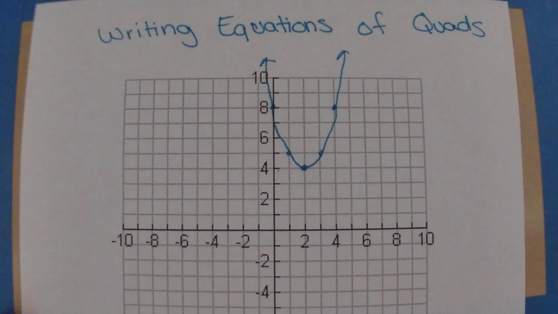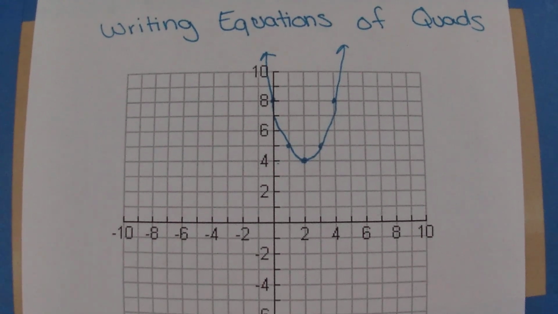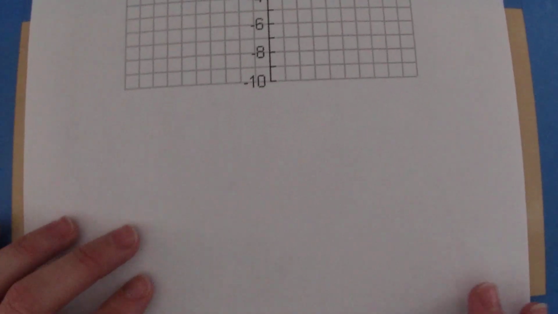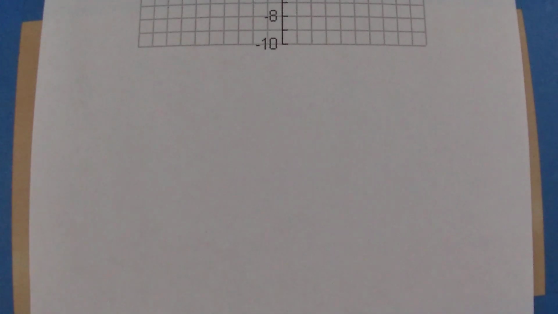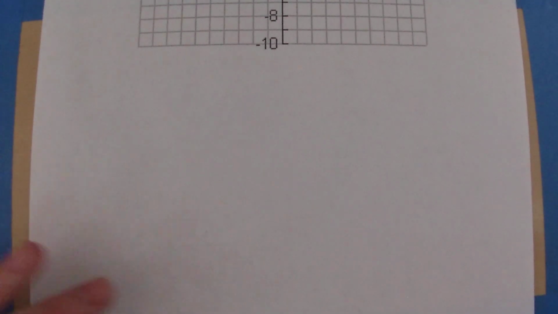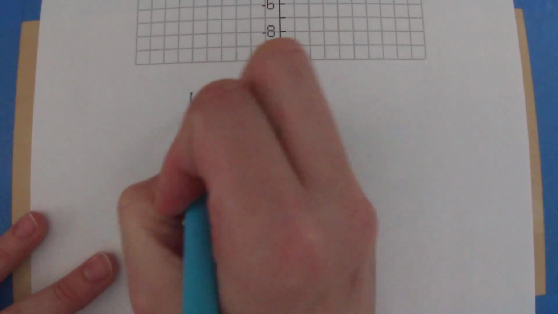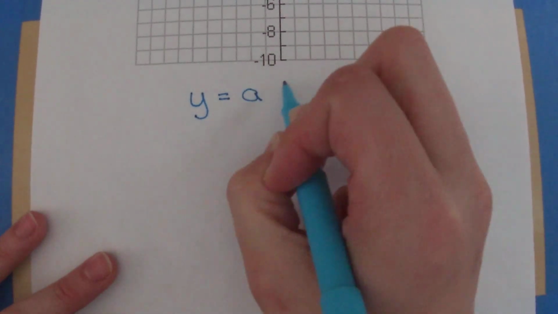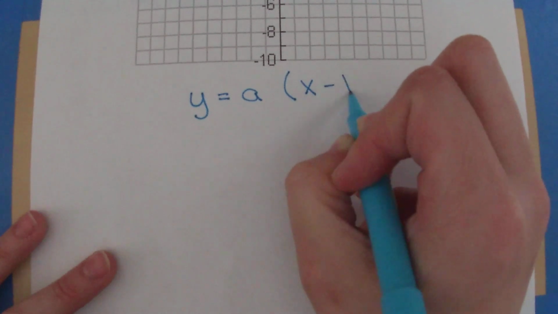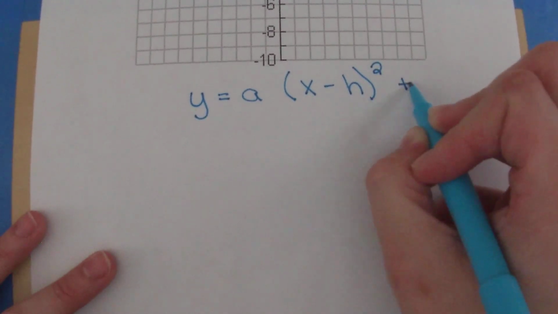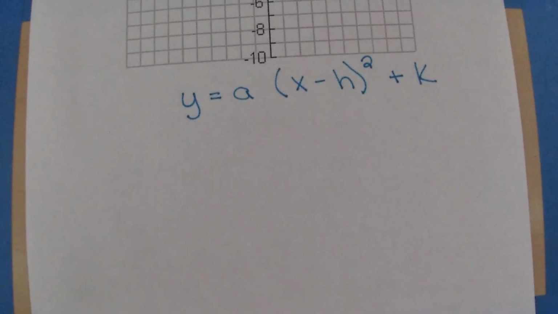And remember, we talked about the idea that whenever we are graphing a quadratic, there's a couple formulas that it can come in. All the graphs that we'll be looking at writing today are going to be able to fit into this equation, y equals a times (x minus h) squared plus k.